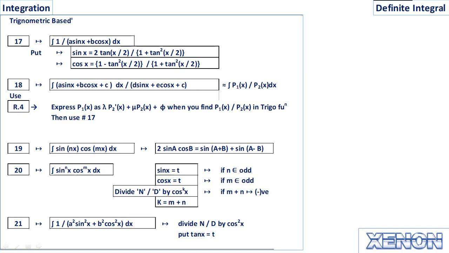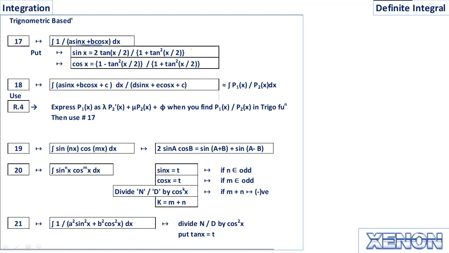Trigonometric based functions. When we are having an integrand of the form 1 upon a sin x plus b cos x, actually we will put sin x equals to 2 tan x/2 divided by 1 plus tan square x/2.